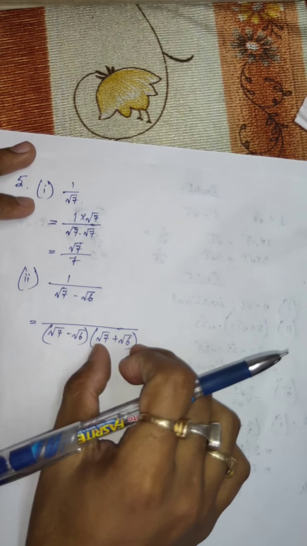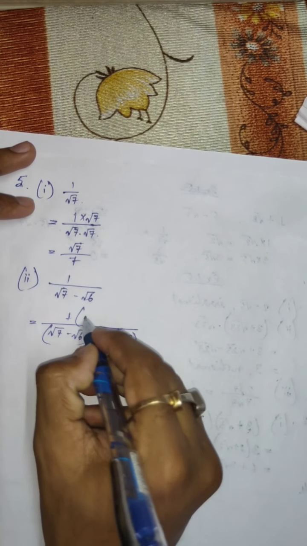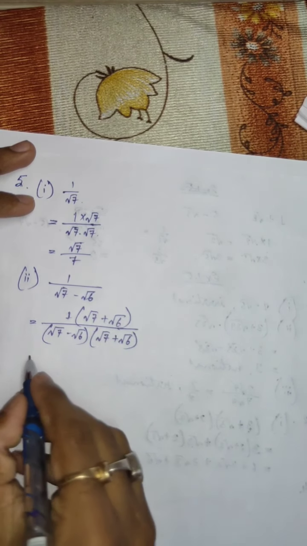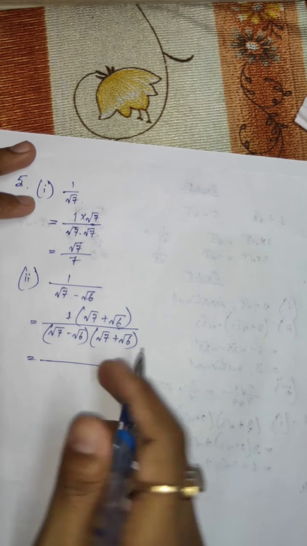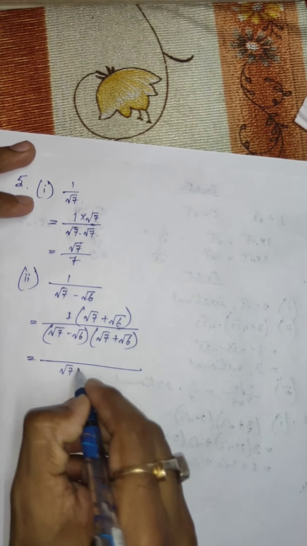So we have multiplied this term in the denominator, so we have to multiply in the numerator also. In the denominator we can use the formula a minus b into a plus b equals a square minus b square.